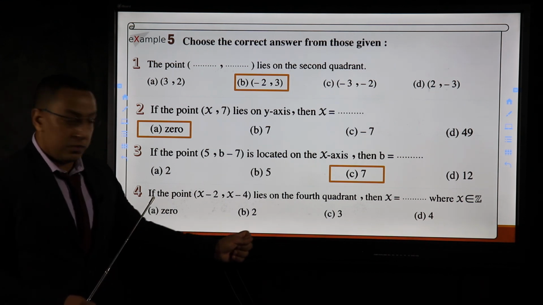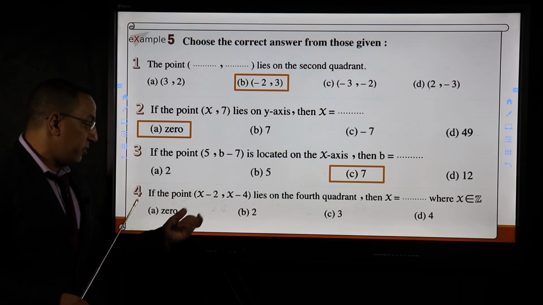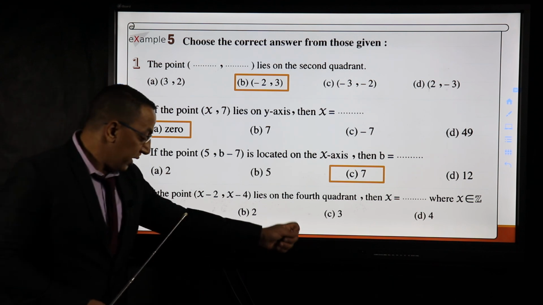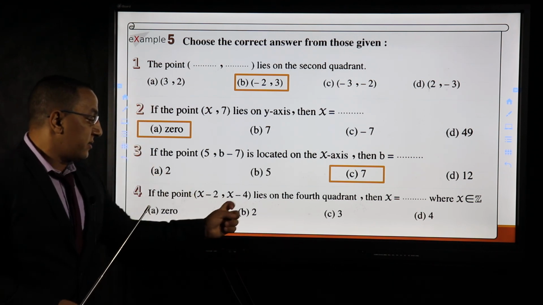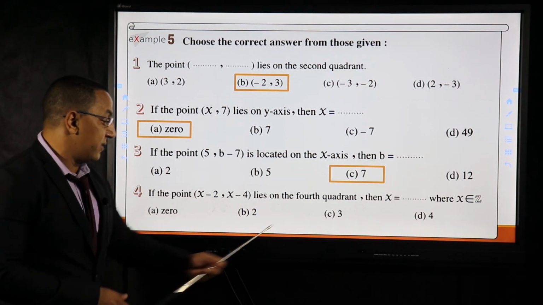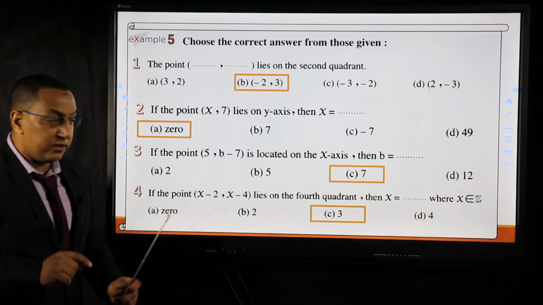By using 2, 2 minus 2 is 0, and I don't need 0. I need the first positive and the second negative, so it is not 2. By looking at 3, 3 minus 2 equals 1 and 3 minus 4 equals -1. So this is the answer, because 1 and -1 belong to the fourth quadrant.